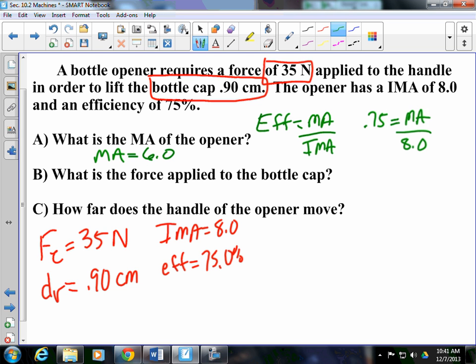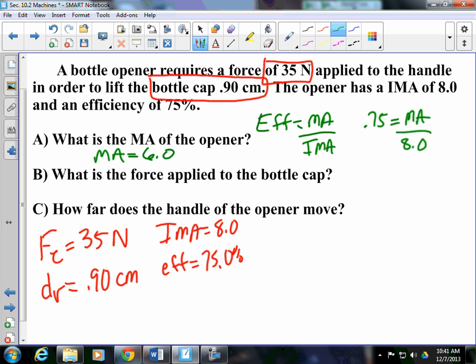B: what is the force applied to the bottle cap? Well, we talked about how you are applying an effort to the lever, and the lever is moving the bottle cap. So any force of effort or distance of effort would be the lever. Any force of resistance or distance of resistance would be the bottle cap. So we are trying to find the force of resistance.